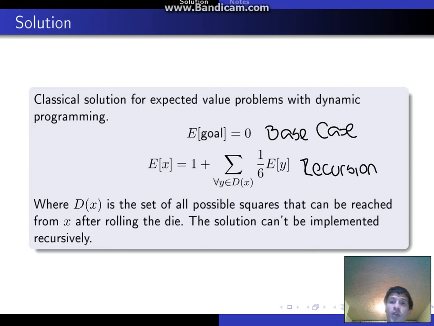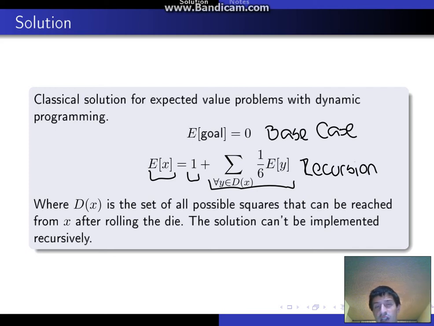For the recursive step, the expected number of turns that you have to take if you're at position X is equal to 1 plus the sum, over all possible values that you can reach from X, of the probability of that action times the expected value of that action.